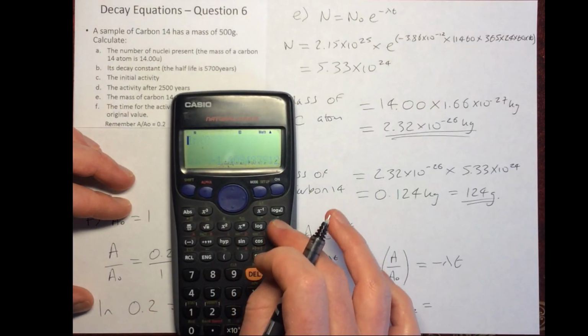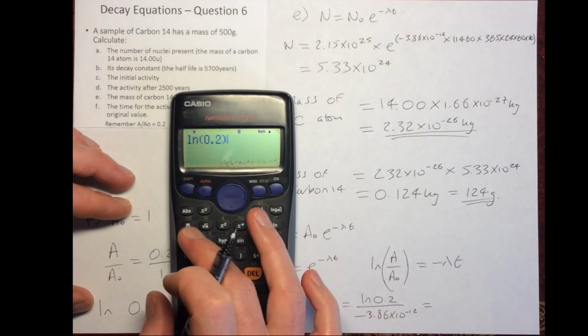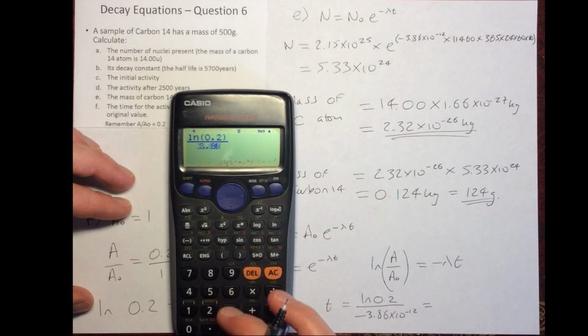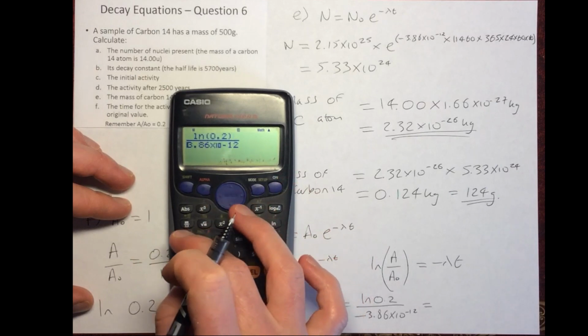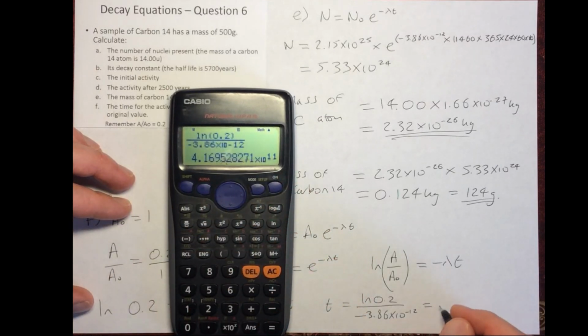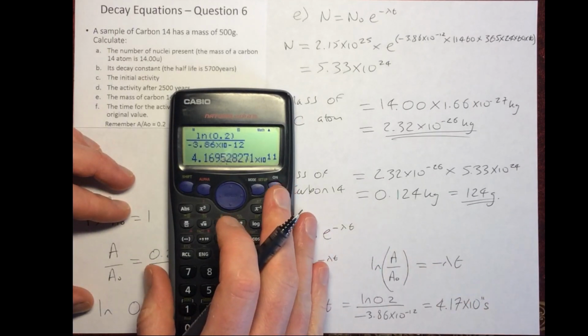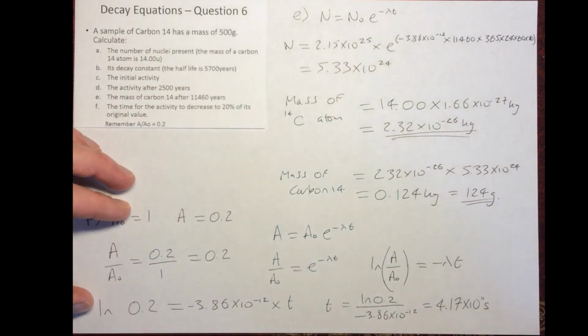Okay, and if we do that, ln 0.2 over minus 3.86 times 10 to the minus 12, whoops, that's going to give us 4.17 times 10 to the 11 seconds, and you can convert that into years if you so desire.